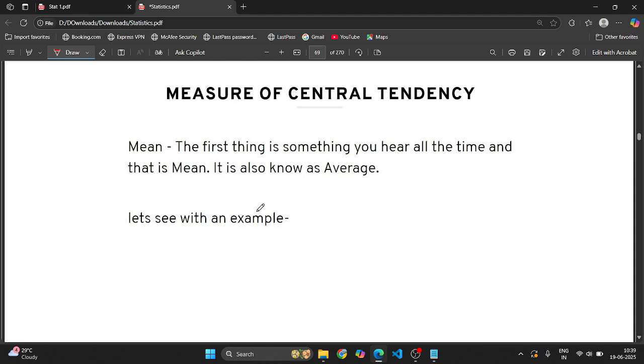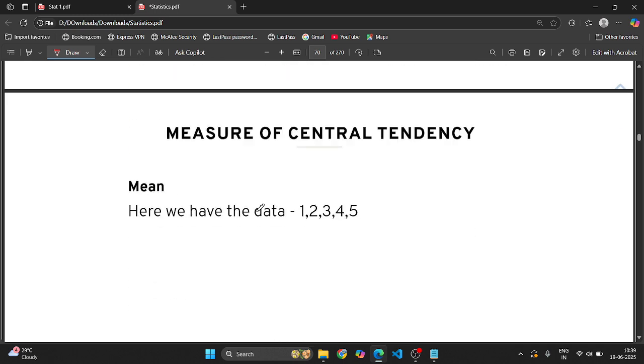In the measures of central tendency, first comes the mean. It's something you hear all the time, and it's also known as the average. Now let's see one example.